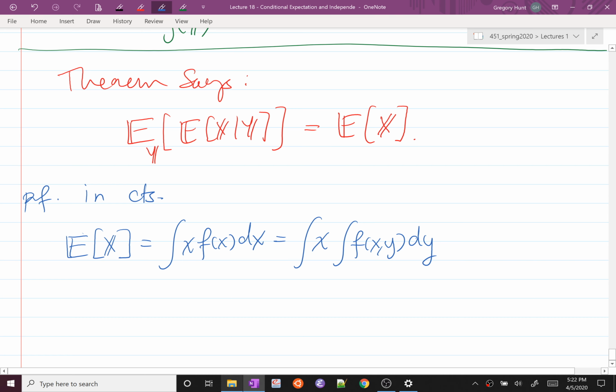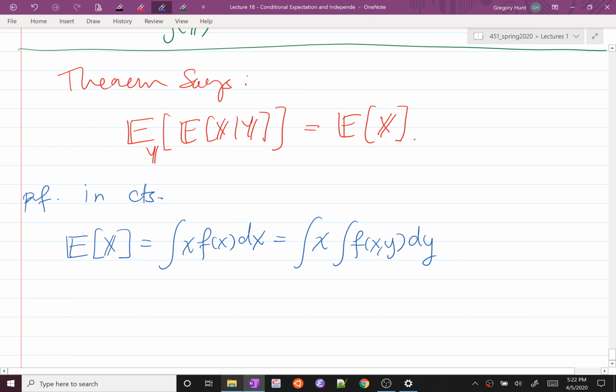So we can write it like this. And I can use my theorem to say that the joint f of x comma y is the same thing as f of y given x times f_X. So this thing is the same as f of x comma y. That's my joint.